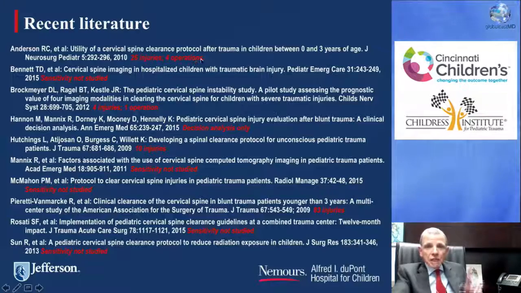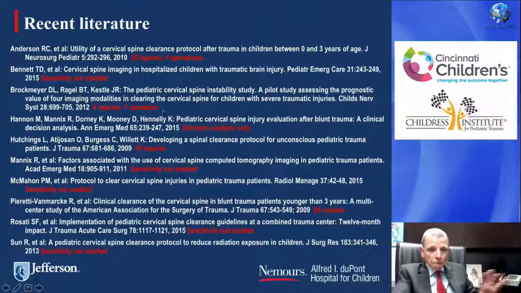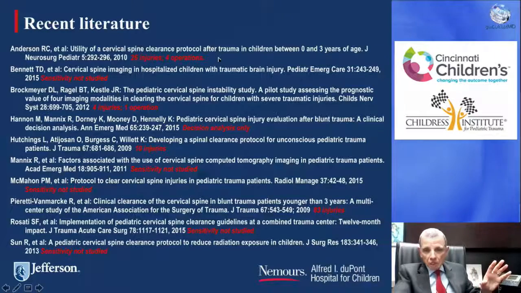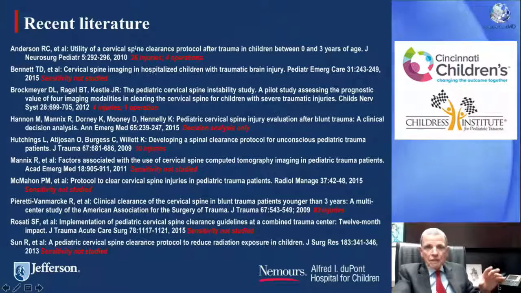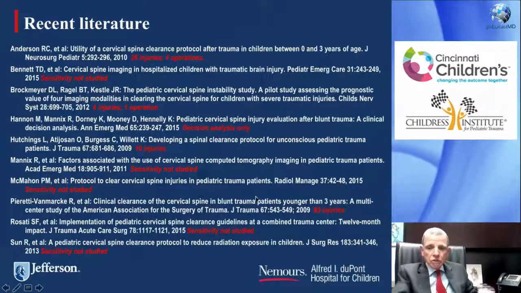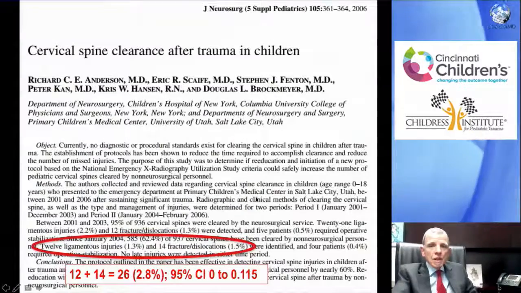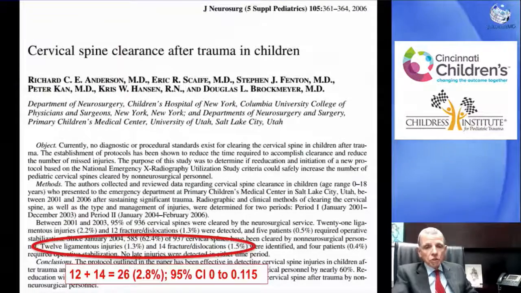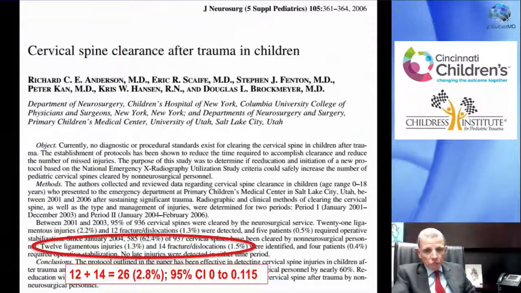Let me show you the 2 papers in this quick PubMed review of recent literature on this topic that had the most actual injuries and talk about their significance. So this was a paper from Salt Lake City. It was an institutional series of children cleared by the neurosurgical service for their potential C-spine injuries.